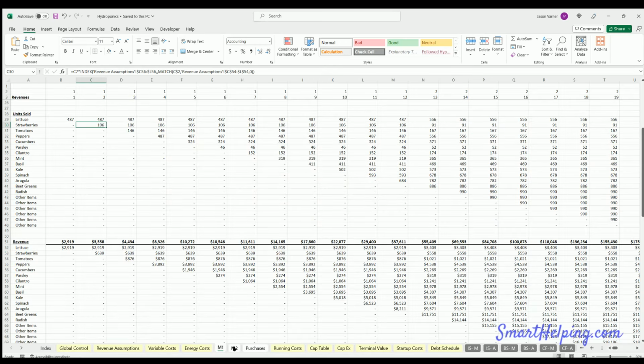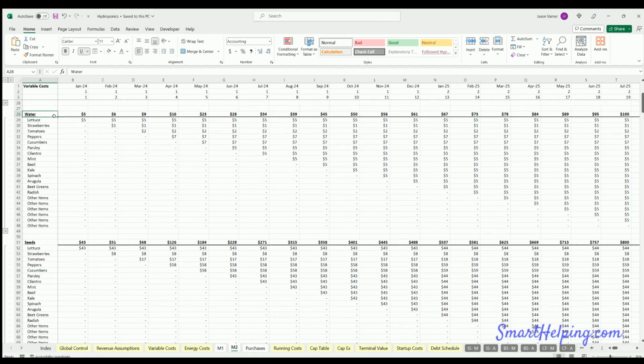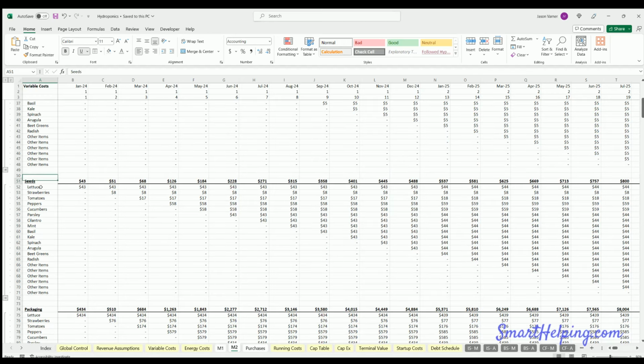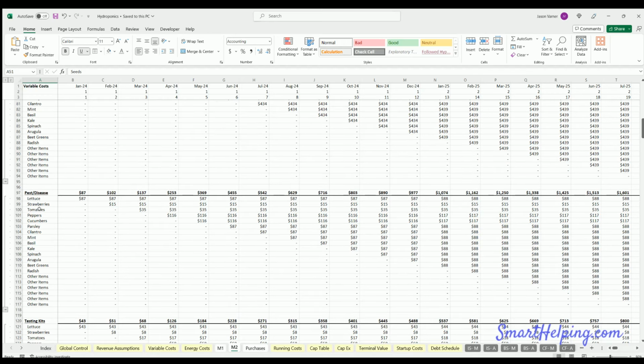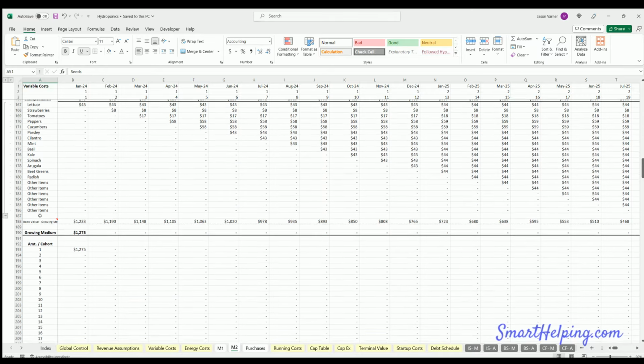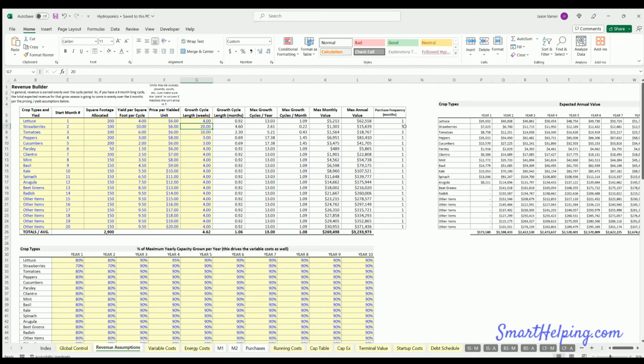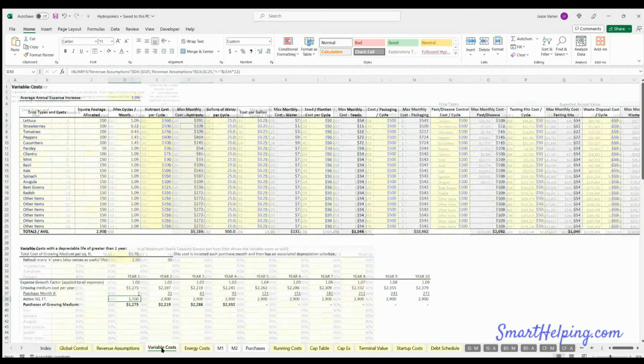Let me go to that. You've got nutrients. Water's not something you purchase over time, but seeds, packaging, pest control or disease control, testing kits, waste disposal, transportation. All of those things are run off the frequency of purchase here, which is run off the growth cycle.